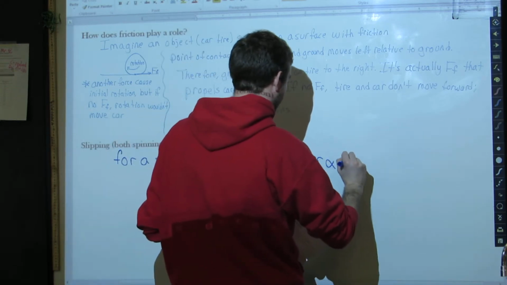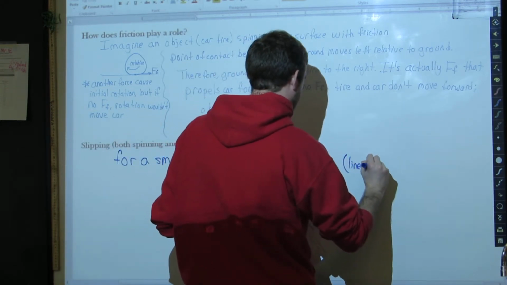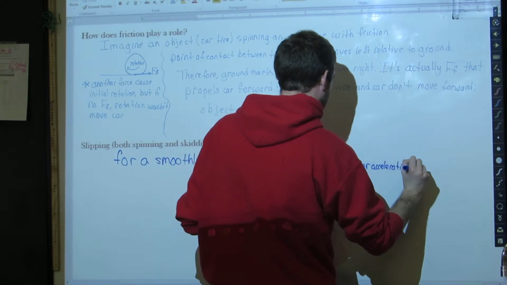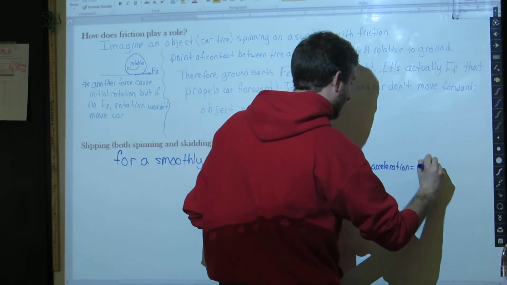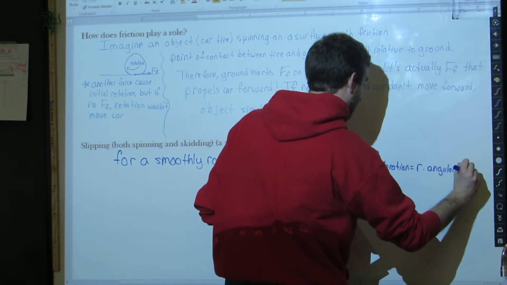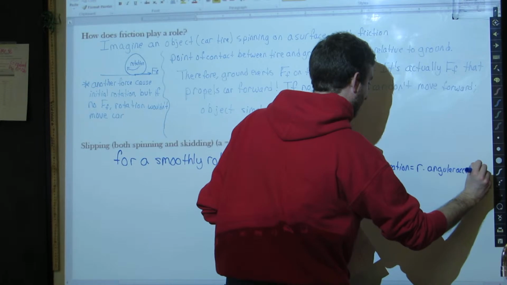I'll write that out for you: linear acceleration equals r, the radius, multiplied by the angular acceleration.